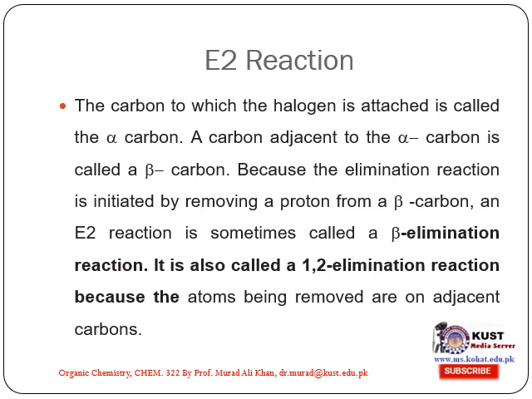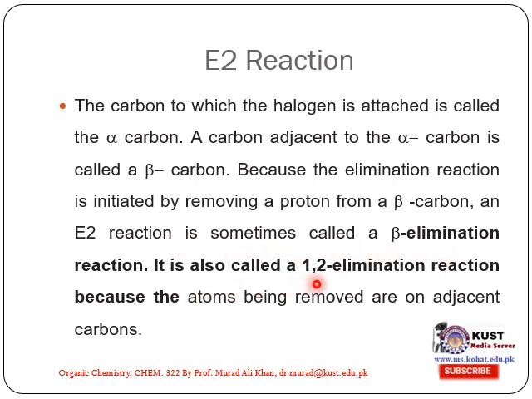E2 reaction. The carbon to which the halogen is attached is called the alpha carbon. A carbon adjacent to the alpha carbon is called a beta carbon, as we have discussed in the previous slide. Because the elimination reaction is initiated by removing a proton from a beta carbon, an E2 reaction is sometimes called a beta elimination reaction.